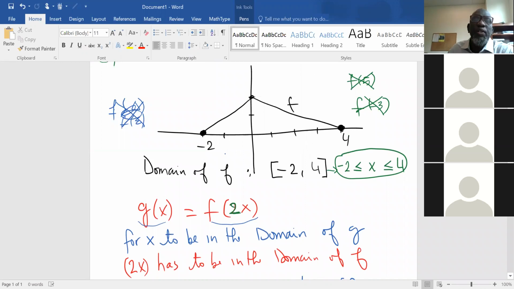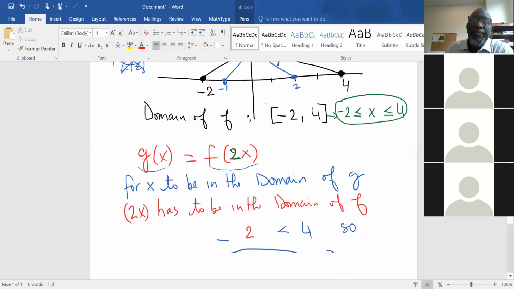So basically g will be from here to here only. But the range will be the same, the range will not change. The domain will shrink. When you multiply by a big number, the effect is to shrink the domain, okay?